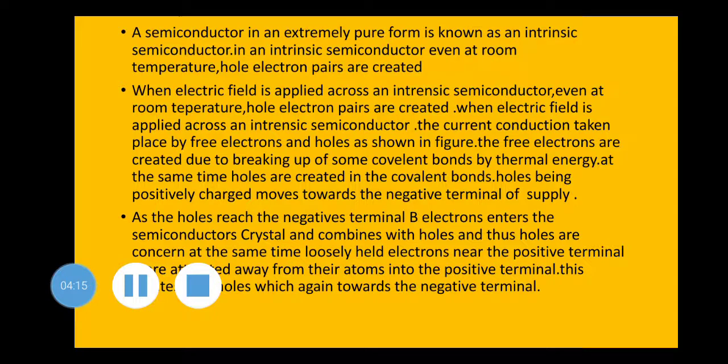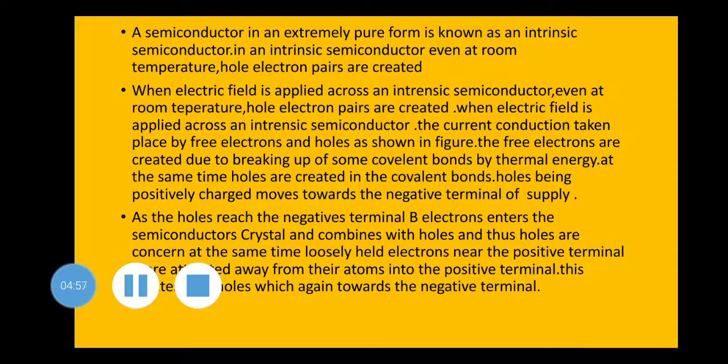The free electrons are created due to breaking up of some covalent bonds by thermal energy. At the same time, holes are created in the covalent bonds. Holes, being positively charged, move towards the negative terminal of supply.